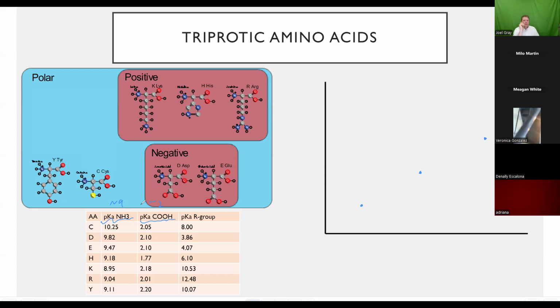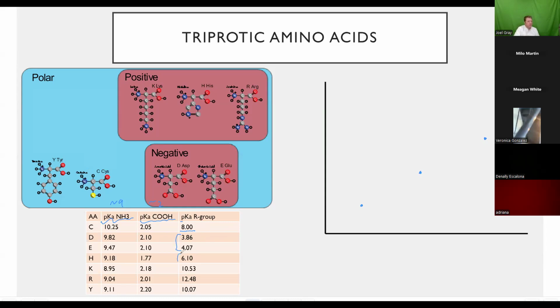Now, our third pKa values, our pKa values for our R groups. Let's look at these. Well, we've got the pKa for the R group for cysteine. That's 8, okay? The pKa for aspartic and glutamic acid, those are 3.86 and 4.07. So those are around 4.